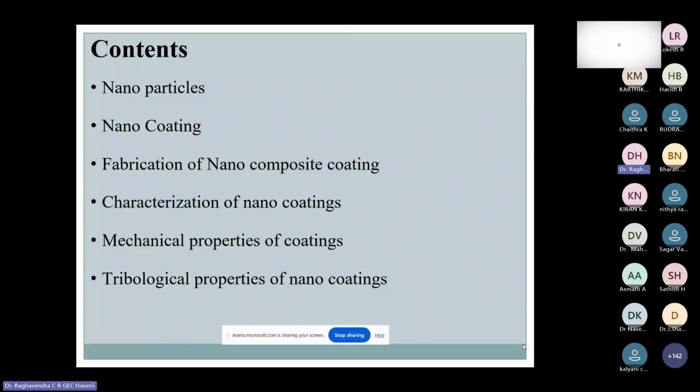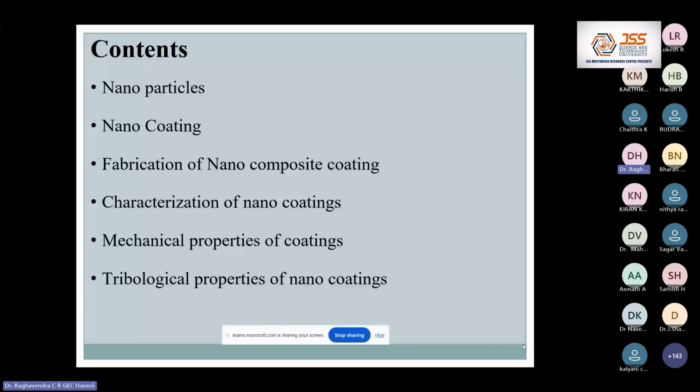Then how these nano coatings are characterized, I'll be discussing that. Then we will be discussing the mechanical properties, and then the tribological properties, where we will discuss wear and different types of wear, and even the frictional properties of the coatings.